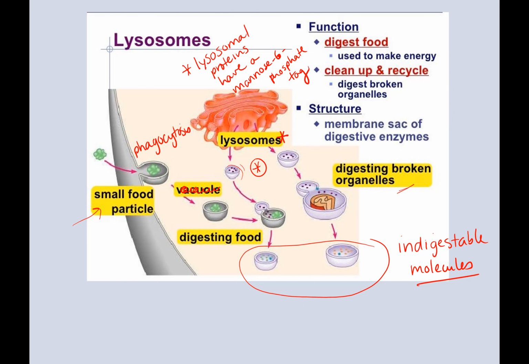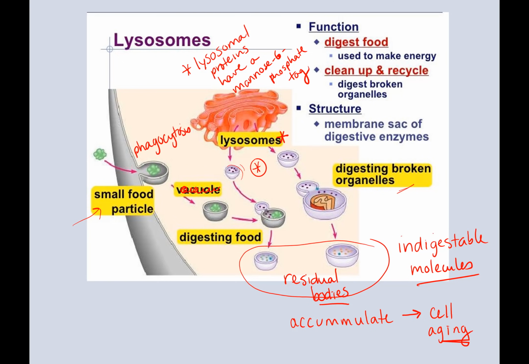Sometimes these lysosomes become what we call residual bodies, where for some reason they start to just accumulate all this stuff that you can't digest. And the older a cell is, the more residual bodies you will find. And we think this has something to do with cell aging, and perhaps a signal for apoptosis, something we haven't talked about yet in this class.